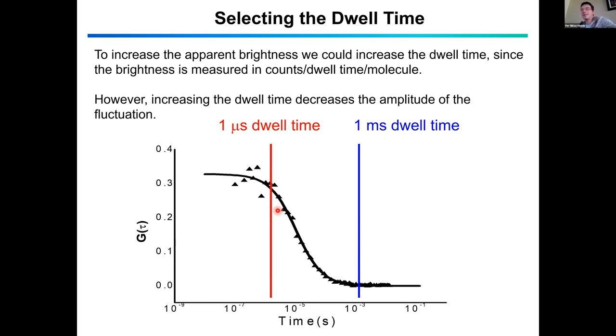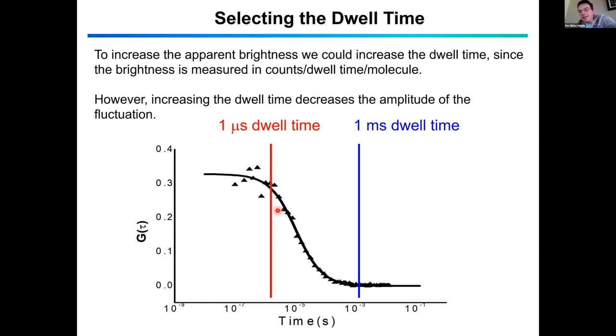In FRET, it wouldn't matter if they can move or not; you would still be able to tell if they're together or not. And if they move, we still have to be careful because the acquisition rate needs to be faster than the rate of movement of the molecules. Otherwise, you will average out the movement and again not see any fluctuations.